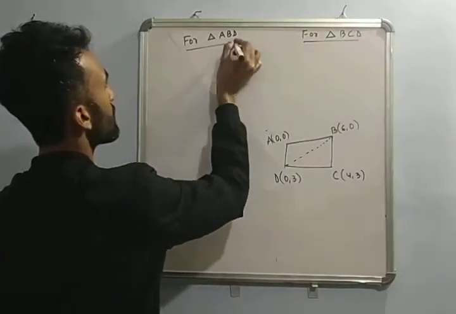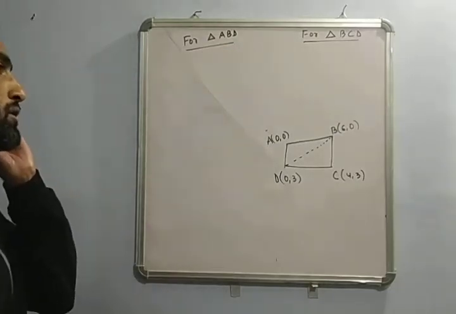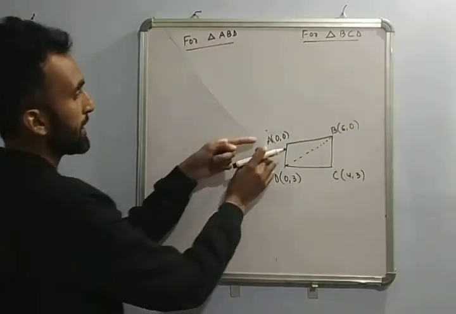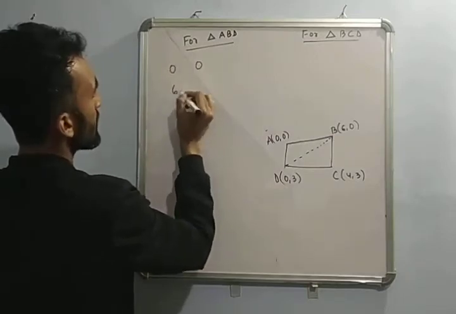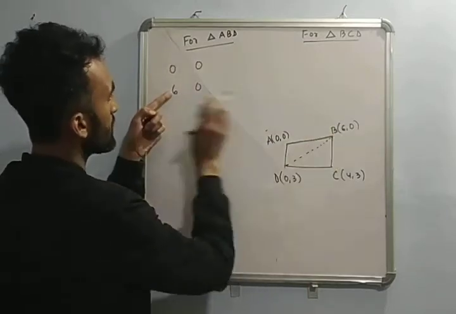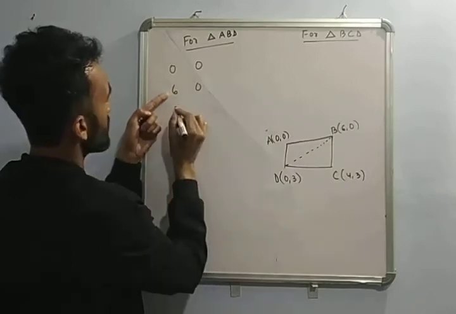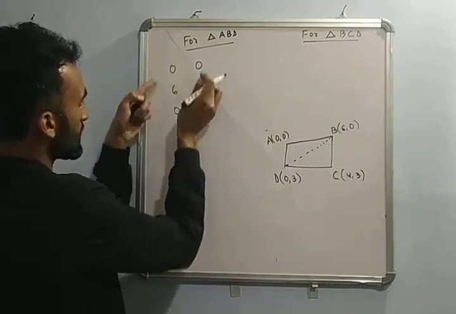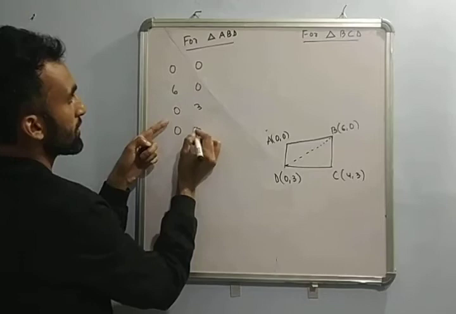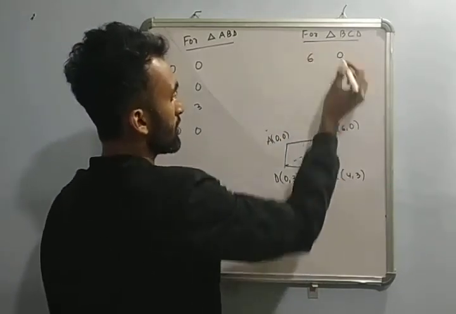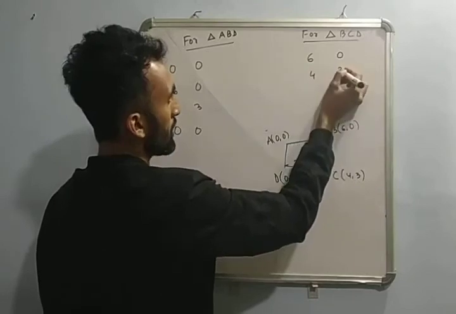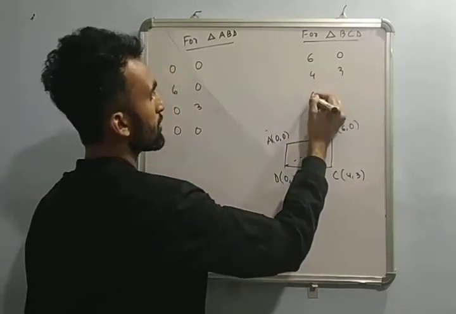These are the 2 things, for triangle ABD and for triangle BCD. For triangle ABD, I will write 0, 0, 6, 0, A, this is B, and now D, 0, 3. Write down the same thing again, 0, 0. I'll go here. BCD, 6, 0, 4, 3 and then 0, 3.